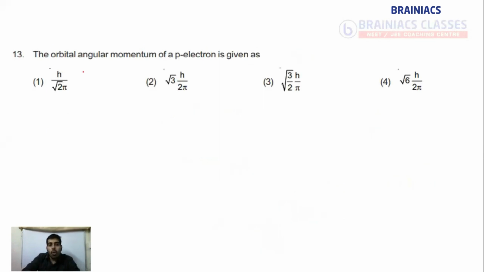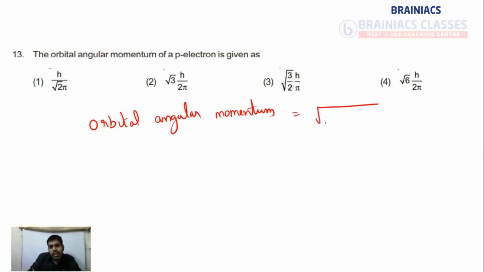The 13th one. The orbital angular momentum of a p electron is given by... Now, what is the equation to calculate orbital angular momentum? Orbital angular momentum is equal to root of L into L plus 1, into h by 2 pi, right? Now for a p orbital, the L value is equal to 1.